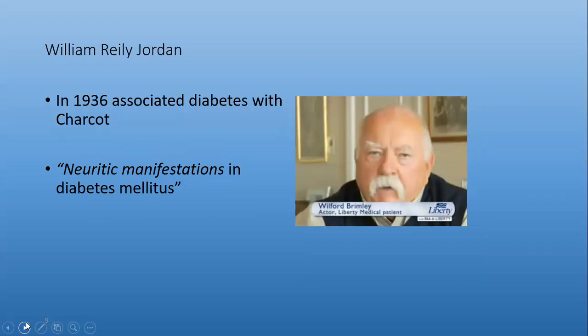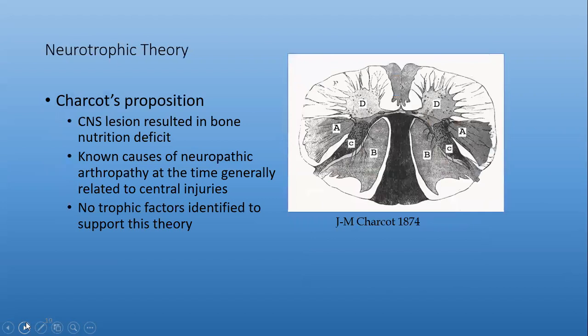In 1936, that's when diabetes and Charcot started to become synonymous, or the discussion regarding these diabetic patients. And around that time, diabetes in the United States became a little bit more prevalent, and therefore with that came this neuropathic manifestation of these uncontrolled diabetics.